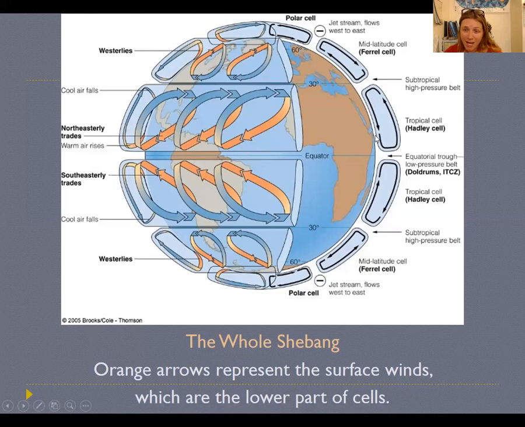Basically, the bottoms of each of these cells are the trade winds, the westerly winds, and the polar easterlies. And then the orange arrows are representing the surface winds, the bottoms of each of these cells. So the orange winds here represent the trade winds. The orange winds in the middle latitudes represent the westerly winds. And then the orange winds, which are a little bit hard to see in this diagram, in the polar regions represent the polar easterlies.